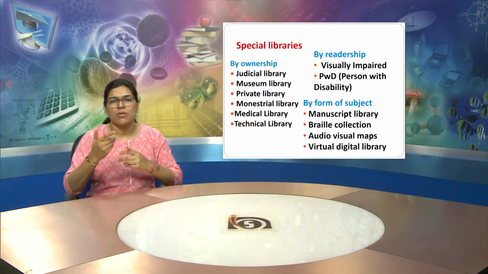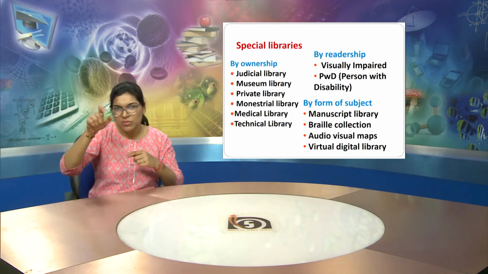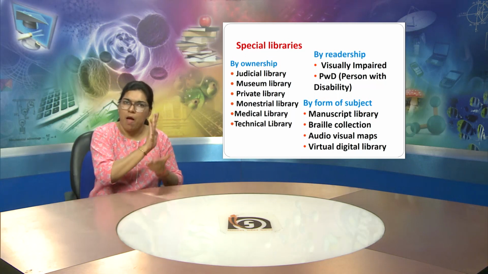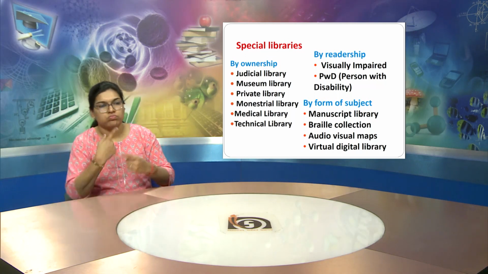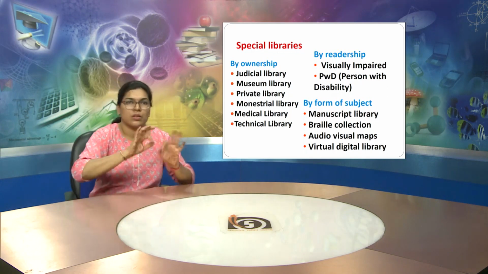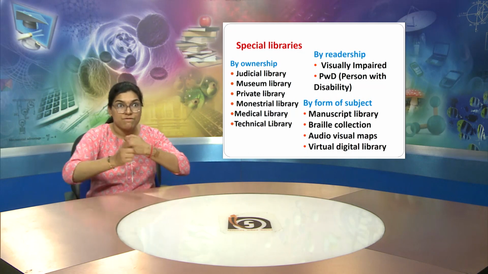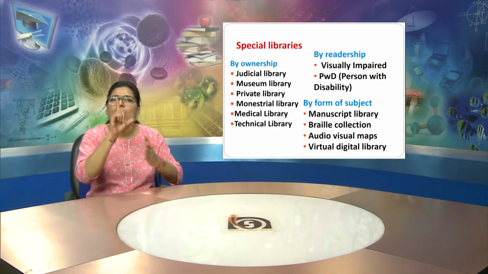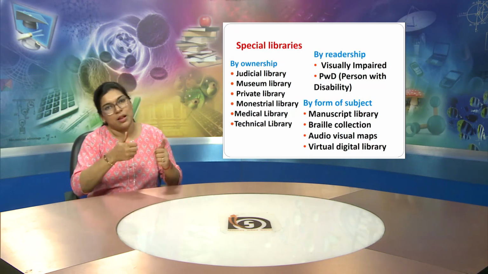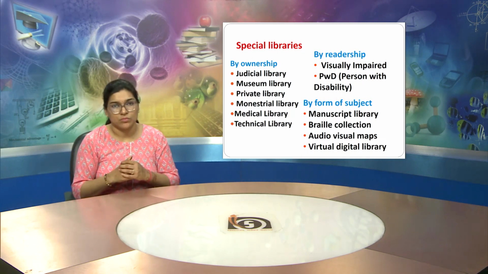By ownership, we can say that it has mainly six types of library. The first one is judicial libraries. All the law related books, all the fine related books, all the rules related books are there in the judicial library. The second is the museum library.